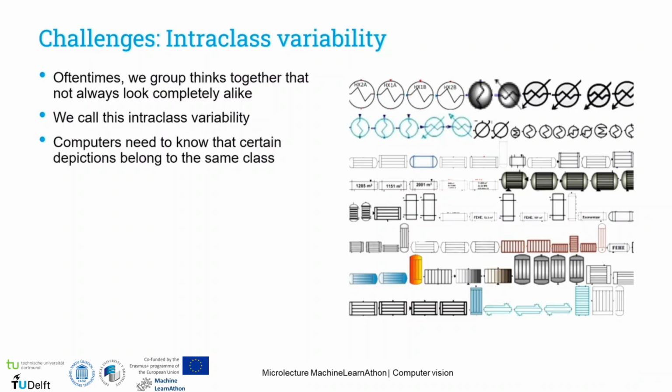The same may be true for cars, right? There are different brands, different colors, different kinds of cars. Everything is a car, and we know that. But for a computer, these are completely different things in the first place. So we need to think about how to deal with this challenge as well. And again, this will translate to completely different representations in the matrix values.